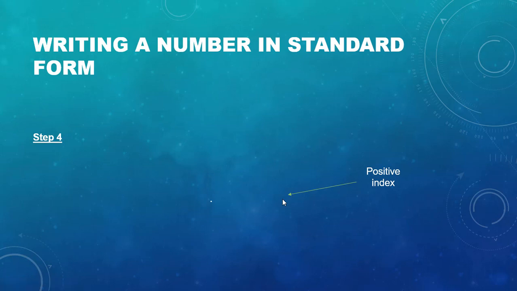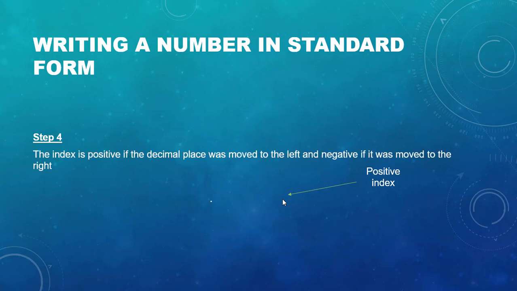And the index is positive if the decimal place was moved to the left, and negative if it was moved to the right. So as you can see in our example, we get a positive index because we moved the decimal place to the left, right? So as it says here, if the decimal place is moved to the left, we get a positive index, and it is negative if we move it to the right.